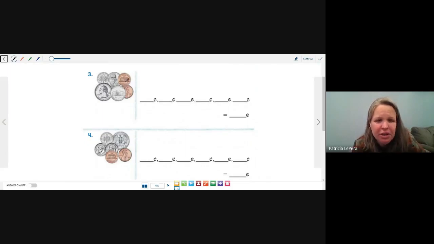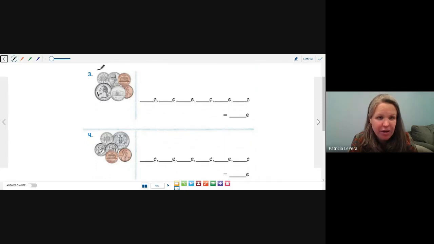So first I'm going to look at this group of coins, okay? And I see a dime, a nickel, a penny, a quarter, a nickel, and a penny. So I have at least one of each kind. So if you remember, the greatest value of coin is the quarter. So I'm going to put a little number 1 next to that because that will be the first coin that I add.